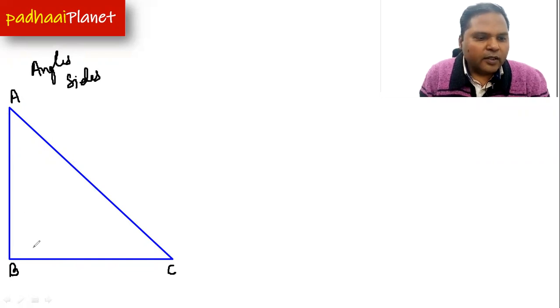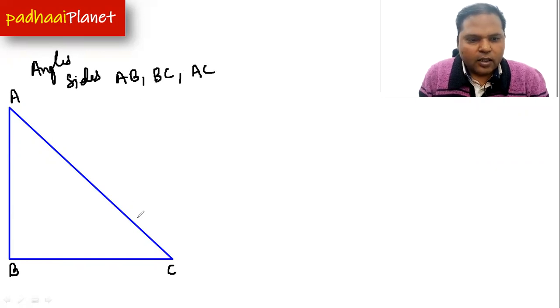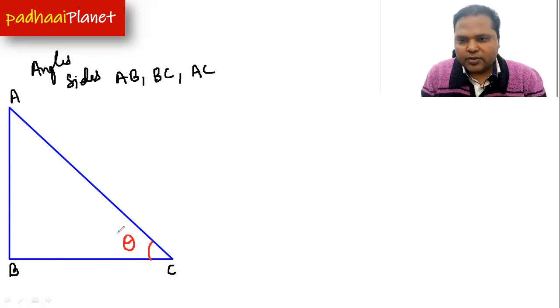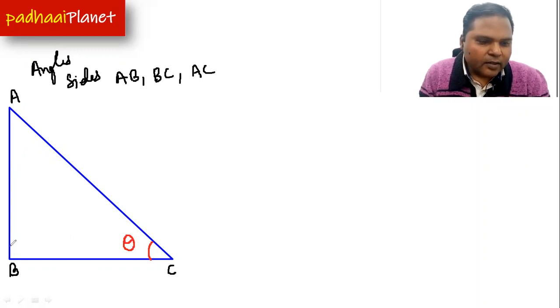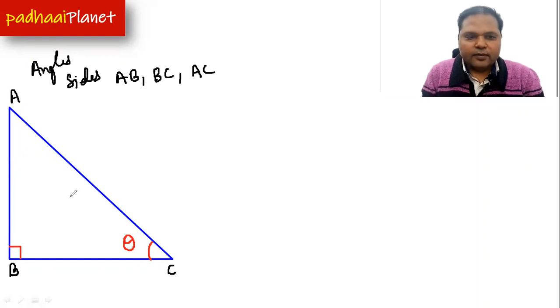We already have three sides, and we can clearly see that they are AB, BC, and AC. Now I'm going to take one of the angles also, and suppose this is theta, and we will be discussing everything around this theta. And this is the right angle, we can clearly see that.